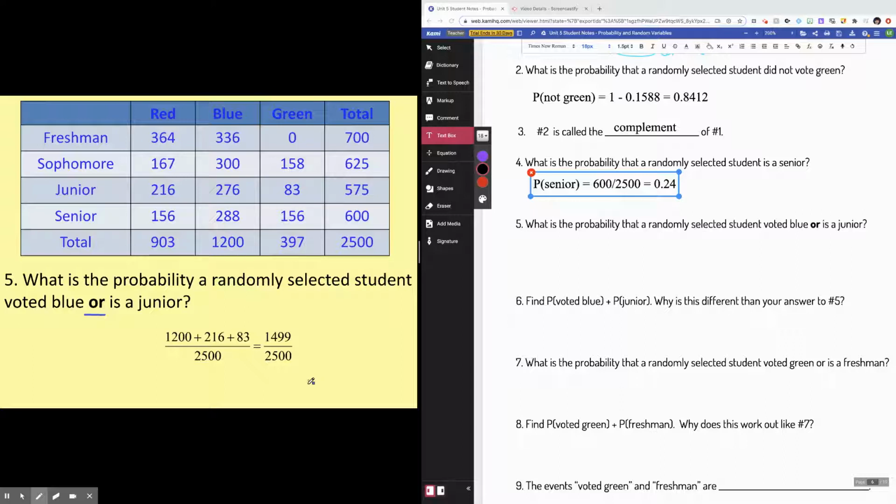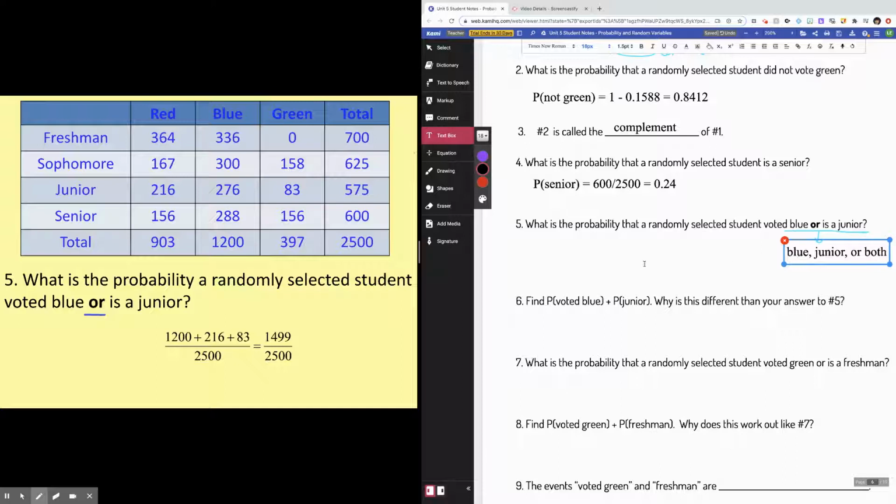In probability, or means falling in one category, falling in the other category, or falling in both categories, right? So if I'm talking about blue or junior, blue or is a junior means that that person could have a favorite color of blue, they could be a junior, or they could fall in both of those categories.